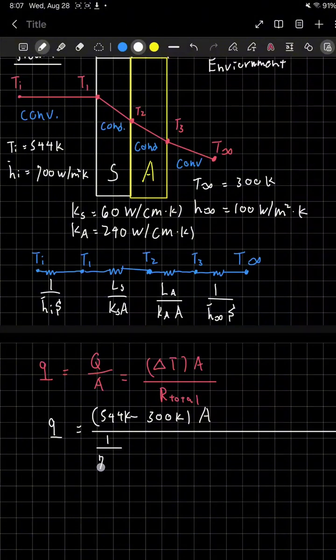Hi is 700 times the surface area, plus Ls, which is 0.01 meters.